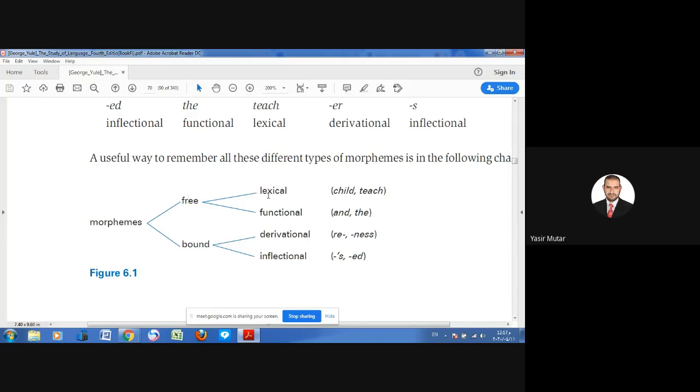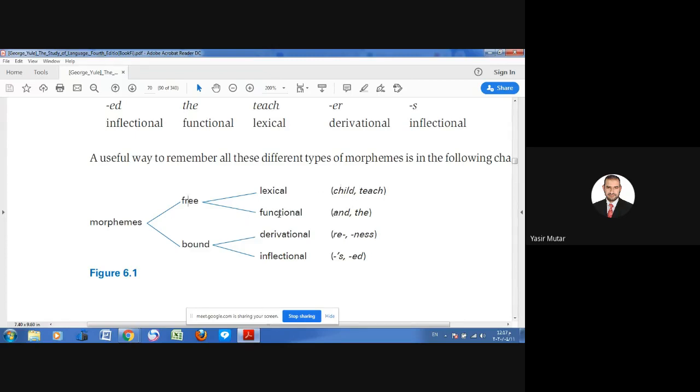Free morphemes are also subclassified into lexical and functional. Lexical morphemes are mainly verbs, adjectives, and nouns, and they are related to open class words. So I can add new words, new verbs, new nouns, new adjectives into the language.